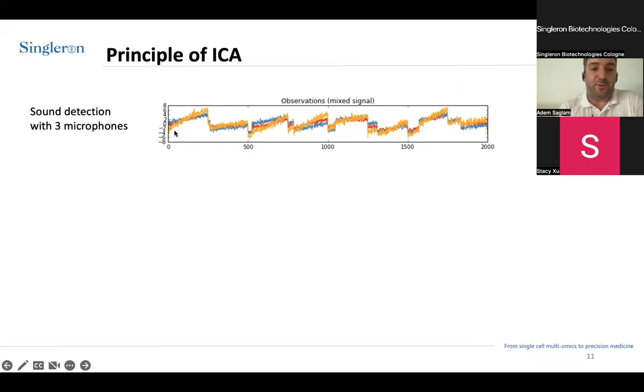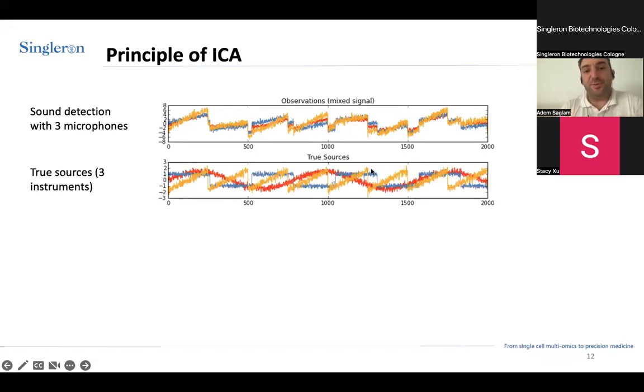Because you have three microphones, you detect three curves. And from these measurements, you would like to reconstruct the signal that would come from each instrument individually.